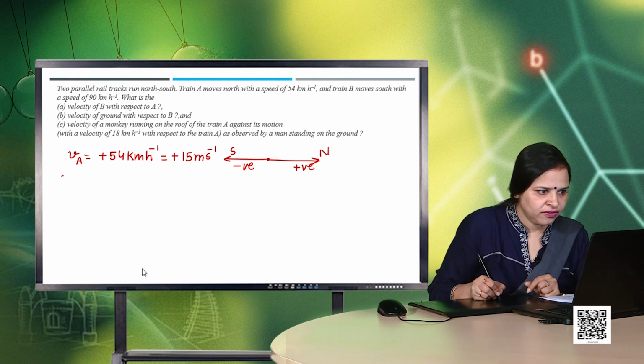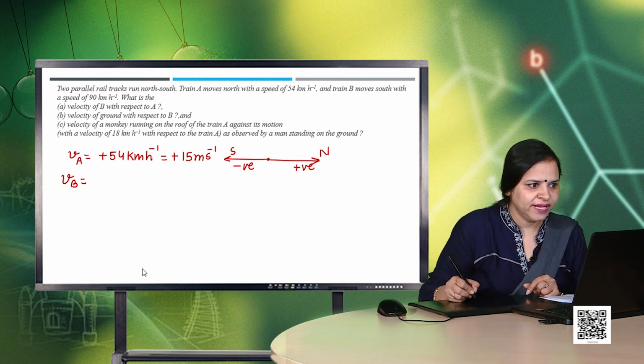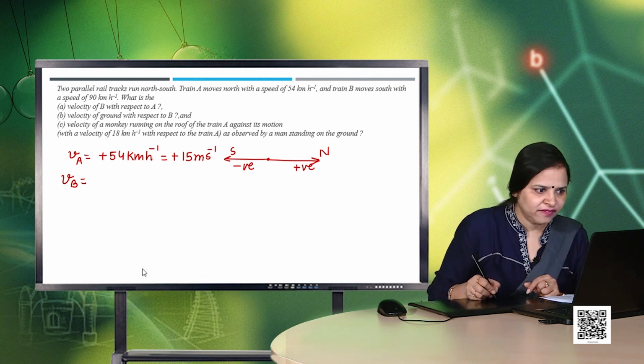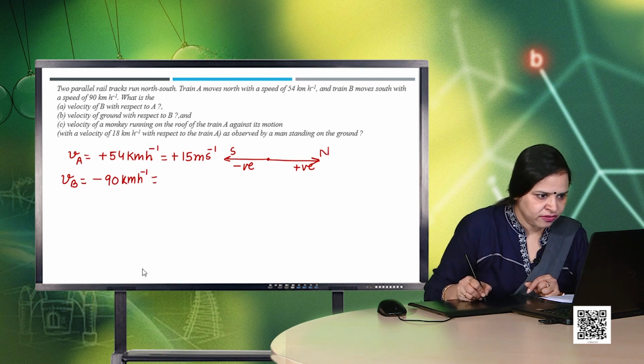Similarly, velocity of train B, since it is moving towards south, will be taken with a negative sign, minus 90 kilometers per hour, which is equal to minus 25 meter per second.